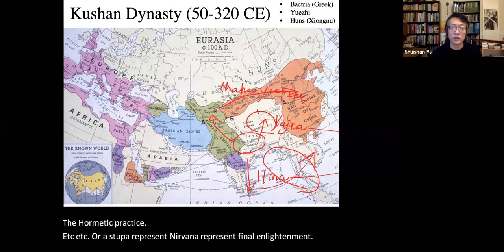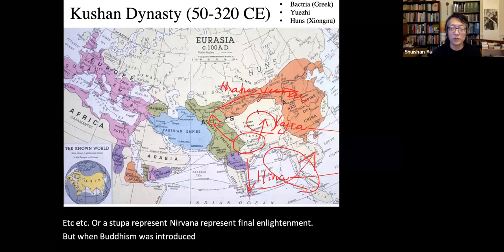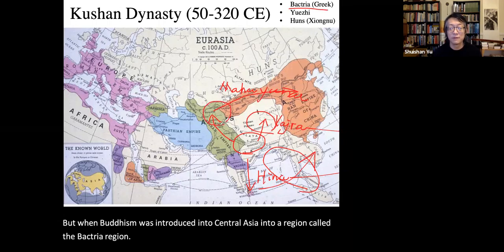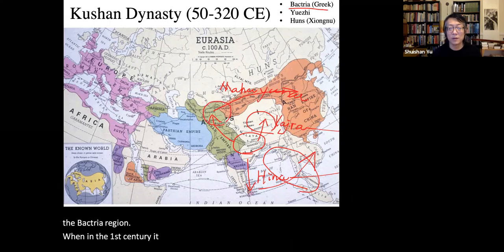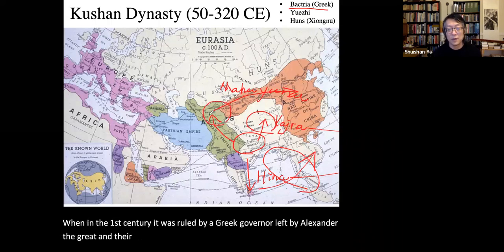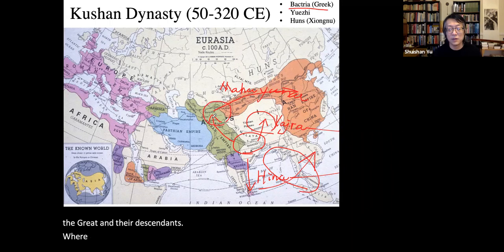But when Buddhism was introduced into Central Asia, into a region called Bactria, in the 1st century, it was ruled by a Greek governor left by Alexander the Great and their descendants, where the creation of God's image in human form was quite normal.